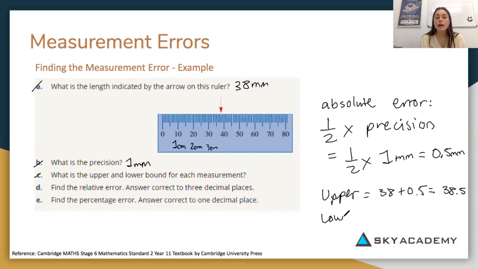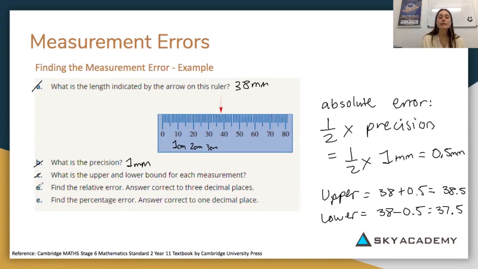And the lower bound is going to be 38 minus 0.5, which is going to leave us with 37.5. So although the actual measurement indicated by the arrow was 38 millimeters, our range of accuracy is going to be 38.5 to 37.5. So anything in that range we would say would be correct.